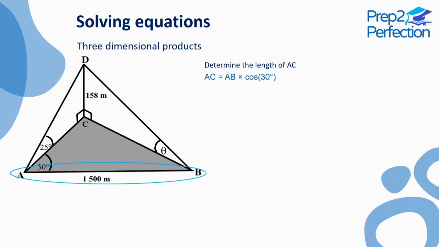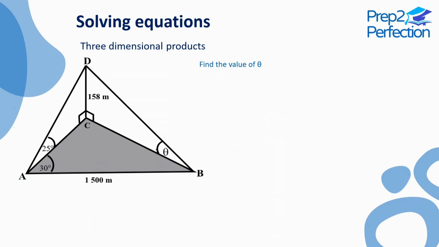We can substitute AB as 1,500, and cos 30 is a special angle, root 3 over 2. This gives us that AC is equal to 1,500 times 0.866, and our answer is AC is 1,299 meters.